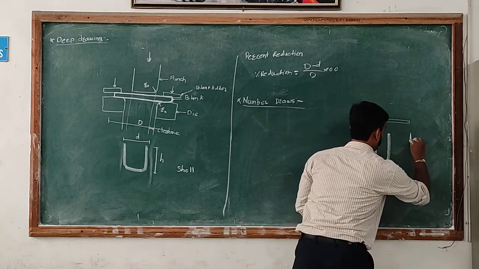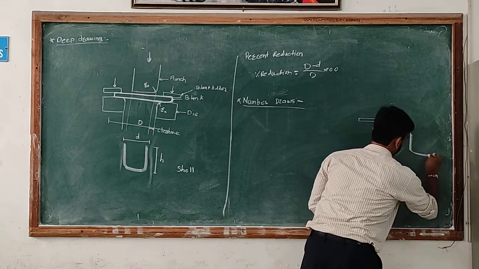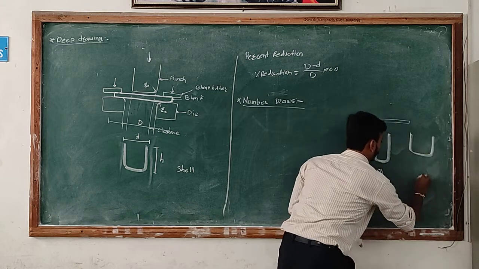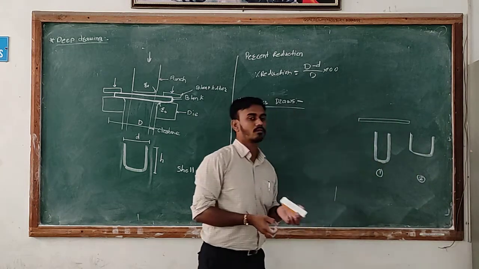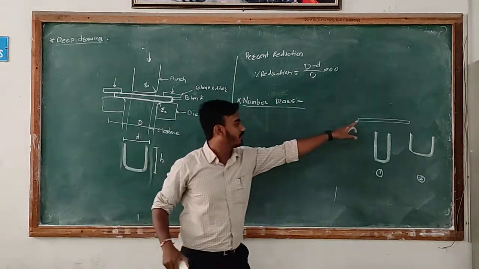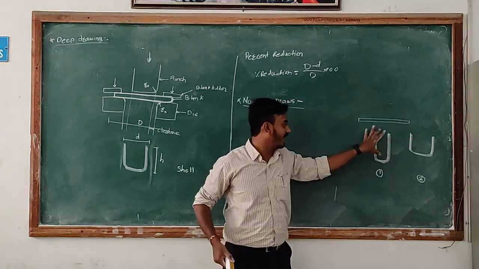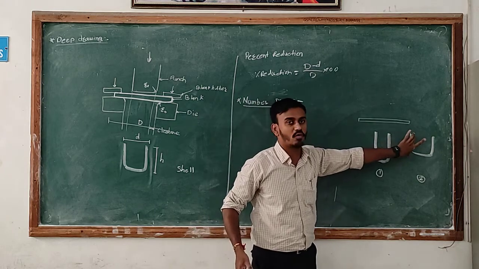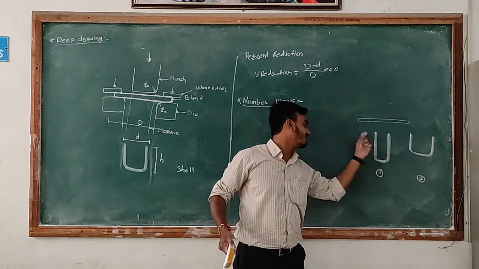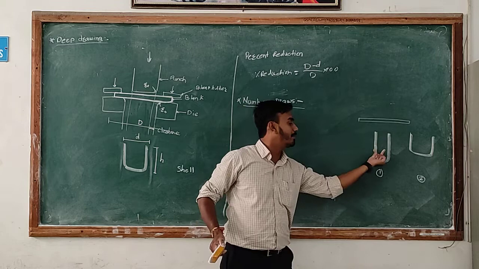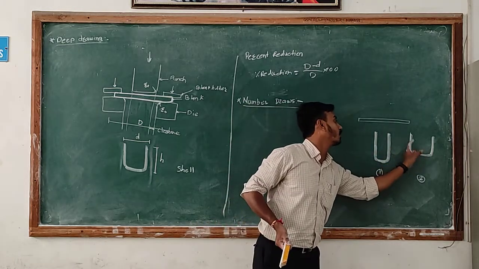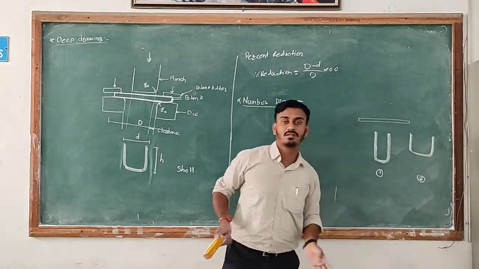Then suppose I want this as the second output. I want to convert this blank into these two shapes. Here if we see, the height is large and here the height is small. Where the height is large, the diameter is small, and where the height is small, the diameter of the shape is large.